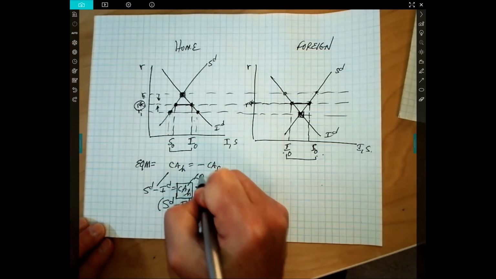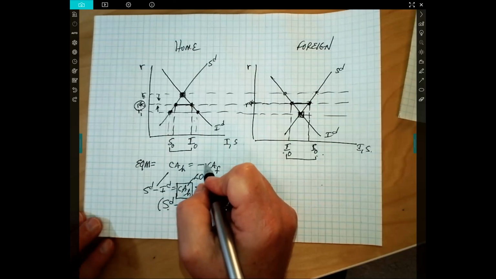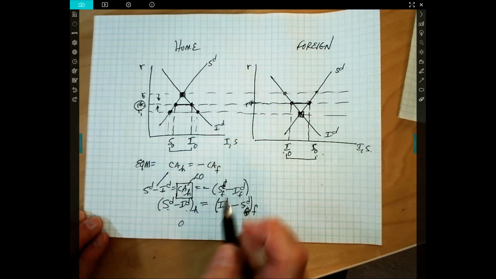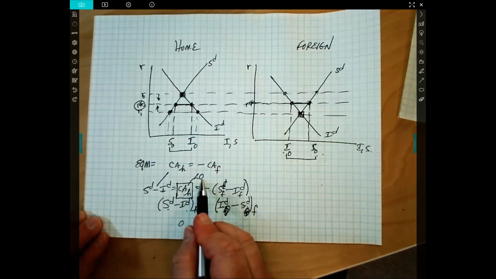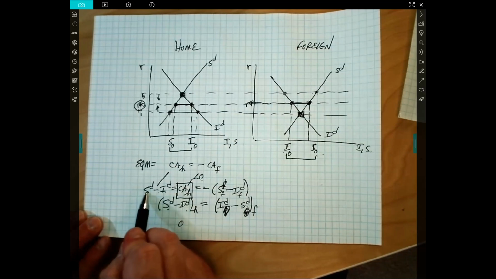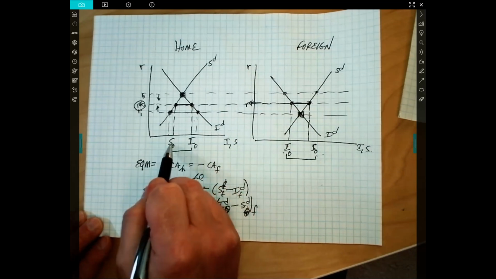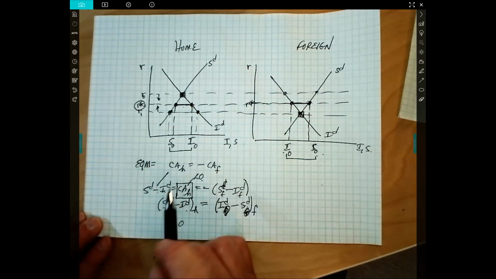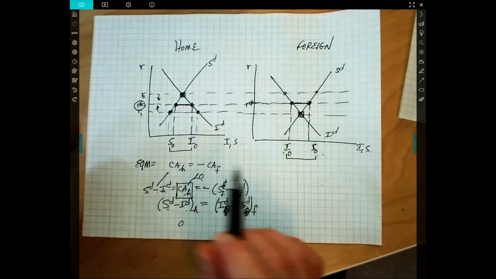Negative. In the homework question, it says the US has got a trade deficit. That means the current account is negative. For that to be true, investment's got to be greater than saving in equilibrium. And that's how you get that, by having the graphs look like this.